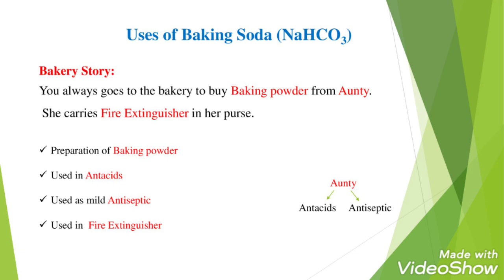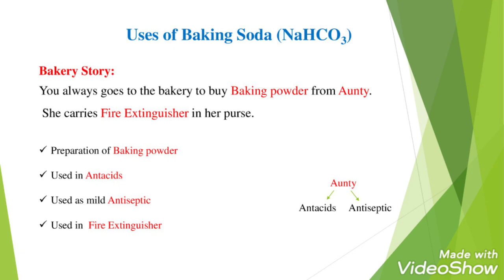Next topic, uses of baking soda. Formula is sodium hydrogen carbonate. You can call it NaHCO3. If you want to write uses of baking soda easily, simply remember the baking word and remember a bakery story.